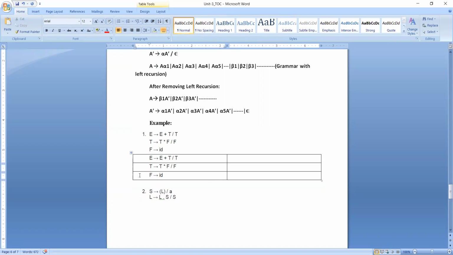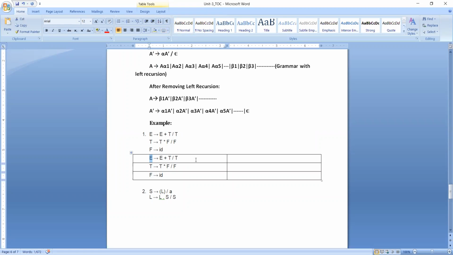Okay, now let us check whether this production has left recursion or not, and let us check this one also and this one also, so that we can remove the left recursion present in the corresponding grammar. You can see here, what is the symbol appearing on the left hand side of the production?